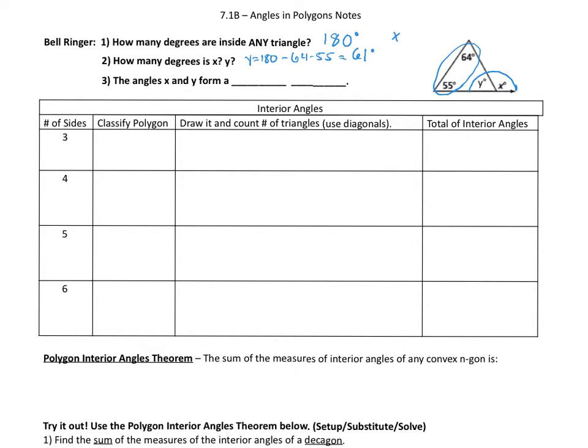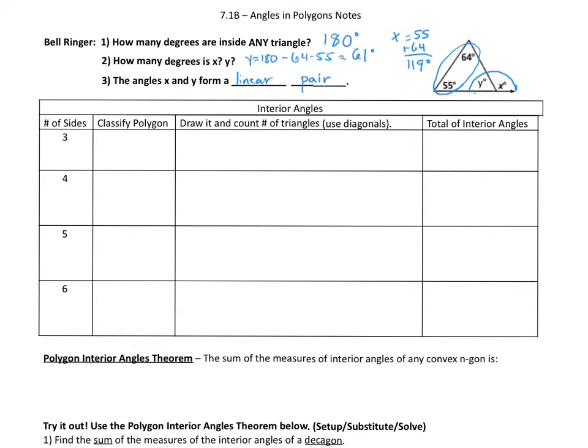So I'm going to do X equals 55 plus 64 degrees, and that gives me 119 degrees. X is 119 degrees. The angles X and Y form what? They are both supplementary. Notice they are on a line, so they are a linear pair.